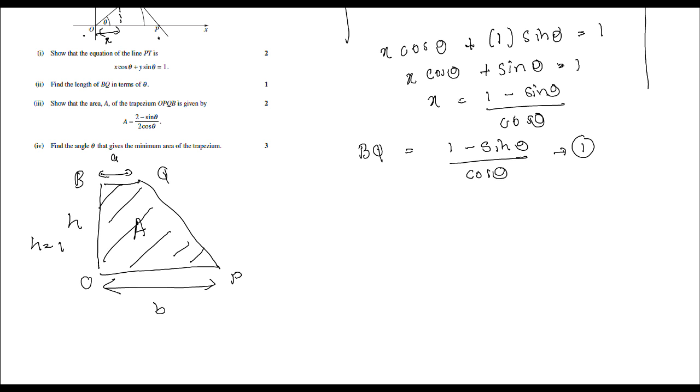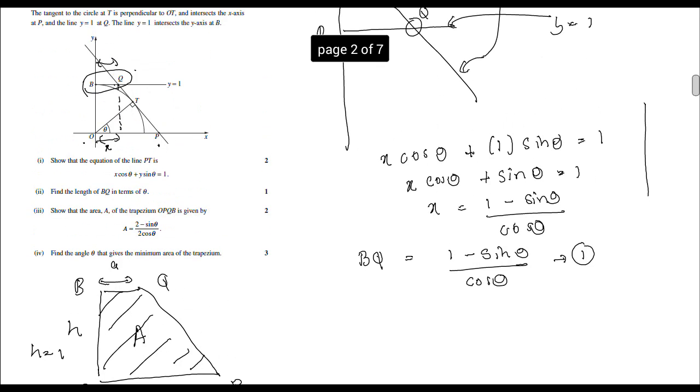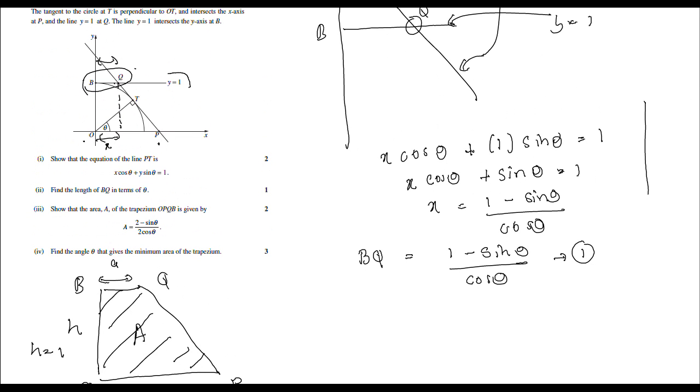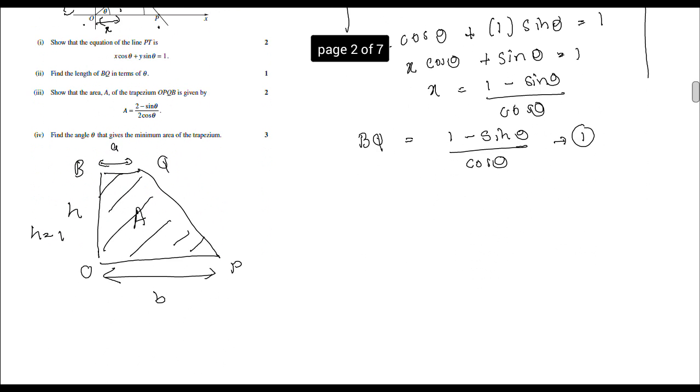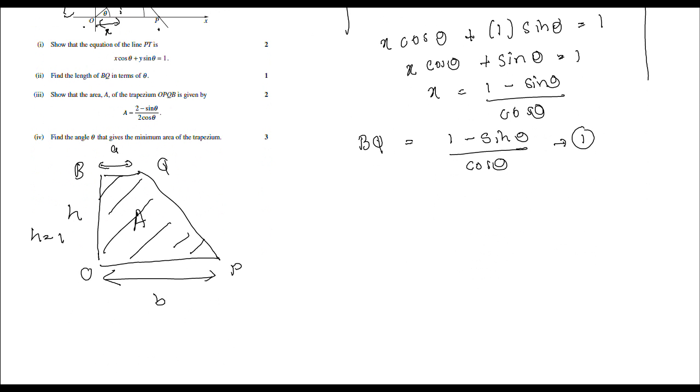If you look here, that's the y equals 1 line, which means this is 1. So you know H, good. But A, you know, because this is BQ, which you just found. What about OP? So how do you find OP?